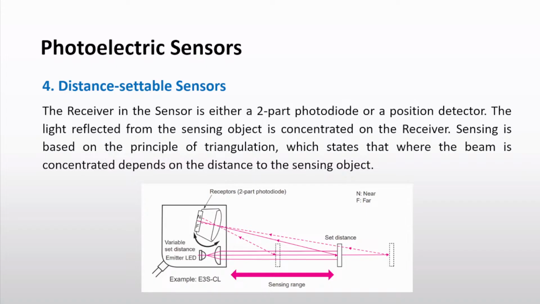So here there is an emitter that emits the light beam, and here we normally use receptors, not a single receiver.